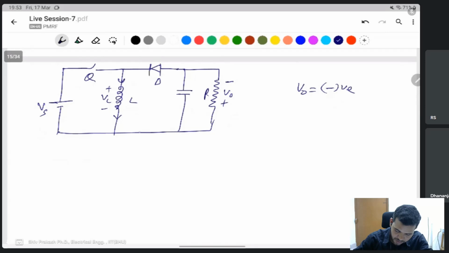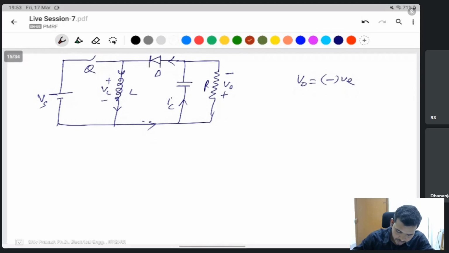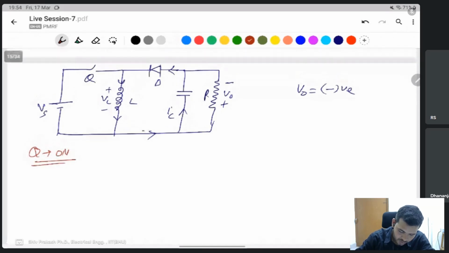This current flows like that toward because of a diode. This one is the current flow, IC, the capacitor charges like that. Take as a condition of switch on and switch off. If you connect this switch, Vs appears at the terminal here, the inductor.